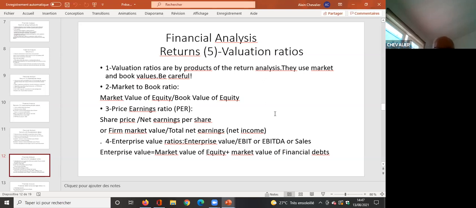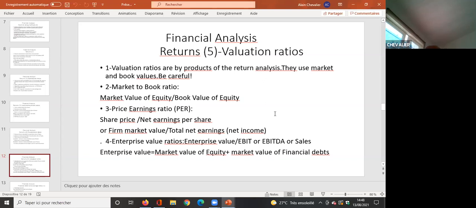The second one, remember, is the price earning ratio. A few words on that again: it is the share price divided by net earnings per share, or the firm's market value divided by the total net earnings of the firm, or net income. If you compare the price earning ratio of a firm from one period to the other, generally it's not stable.